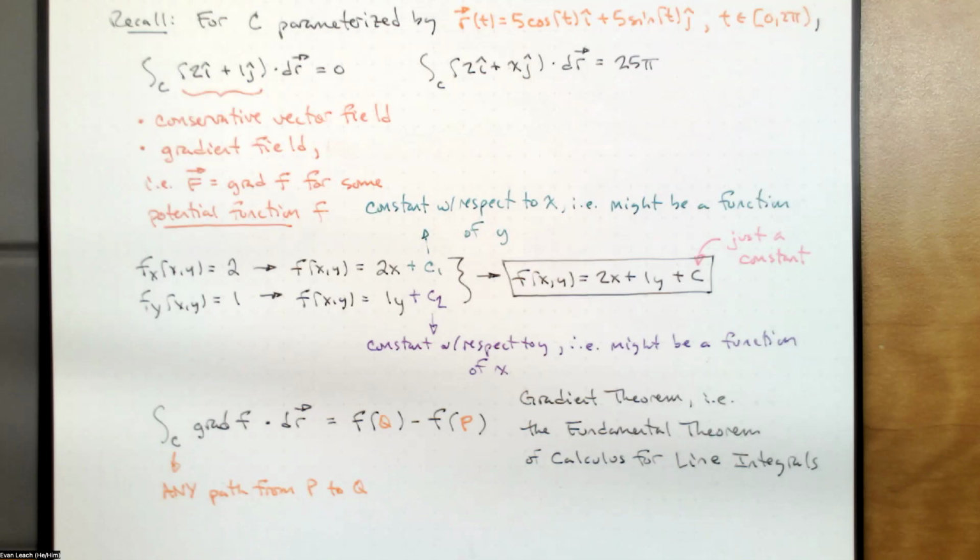Since we can take any path from P to Q, a conservative vector field or a gradient field is called path independent.